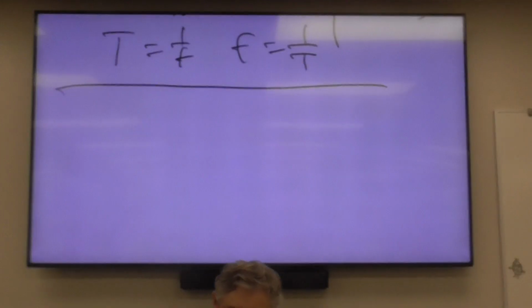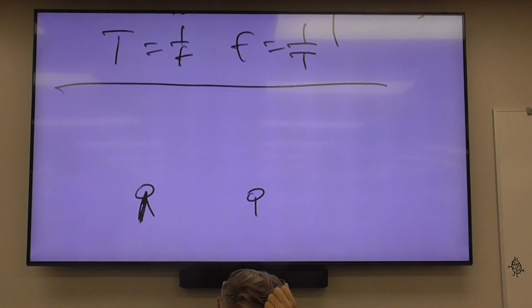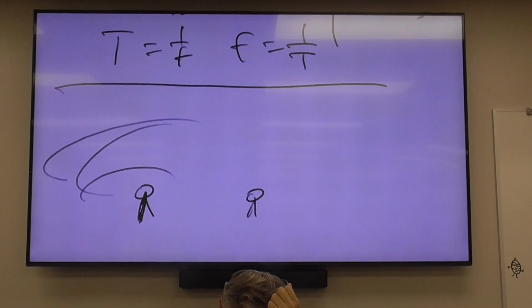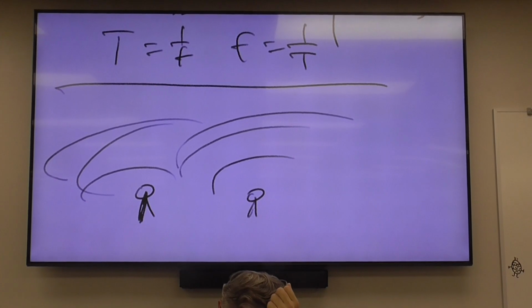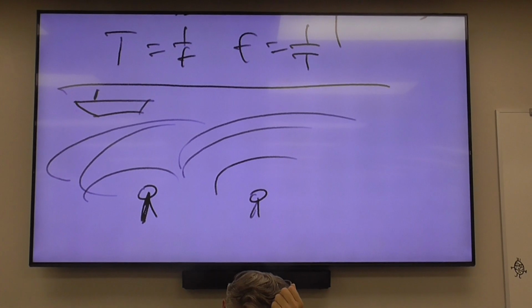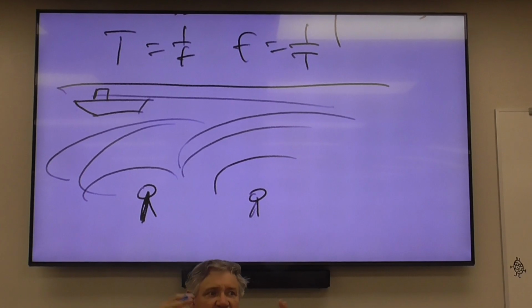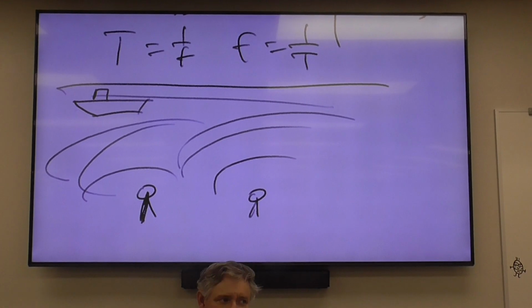Now, let me explain the very first problem that you're going to have on the test. So, we've talked about this. Here's going to be this visual. Here's a radio antenna. Sends out a signal. And there's going to be a boat out here traveling between those. So, this is just a classic double slit experiment.